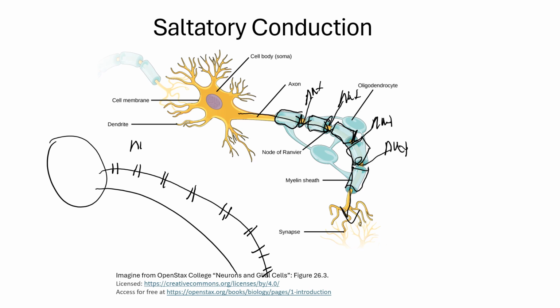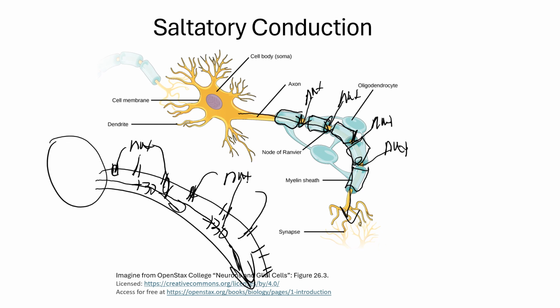So in every region of the axon, voltage-gated sodium channels are opening up, allowing for the interior to become positive 30 as sodium comes in. And then in the next region, voltage-gated sodium channels have to open up. Sodium shoots in, drives the interior up to positive 30. Every single region, this process has to repeat over and over and over again. And what it does is it slows down the velocity at which the action potential can propagate.